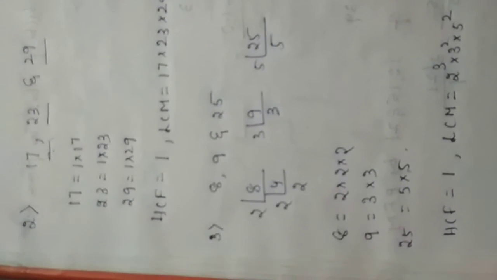In all the 3, can you see anything common? Nothing is common, means 1 will be the common. HCF is 1 and LCM will be 2 cube into 3 square into 5 square. I think students, you understood how to find LCM and HCF.